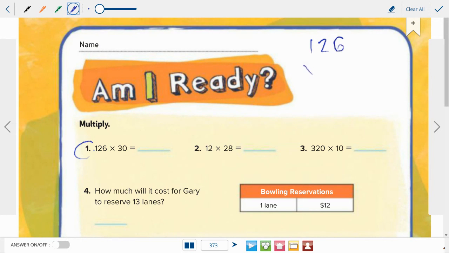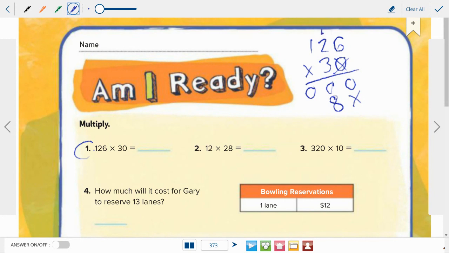126 times 30. 0 times 6 is 0. 0 times 2 is 0. 0 times 1 is 0. All right, and then we need to put our placeholder here. Done with that. 3 times 6 is 18.